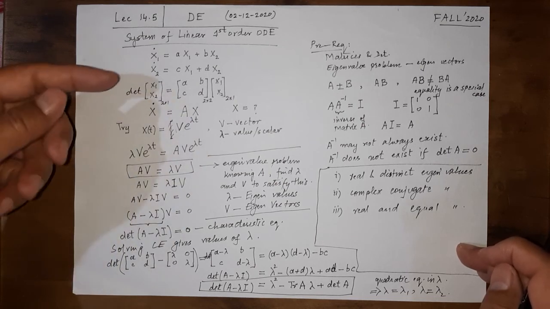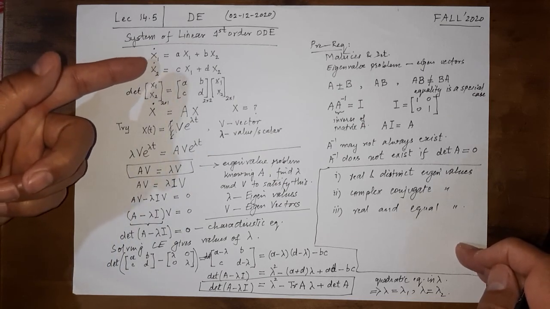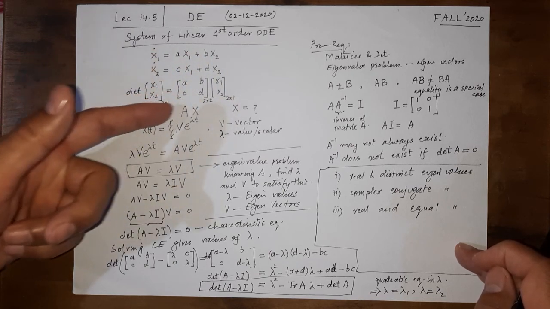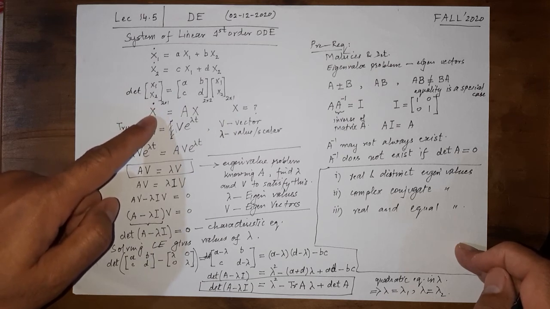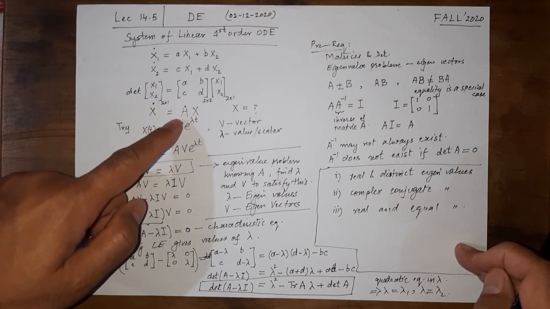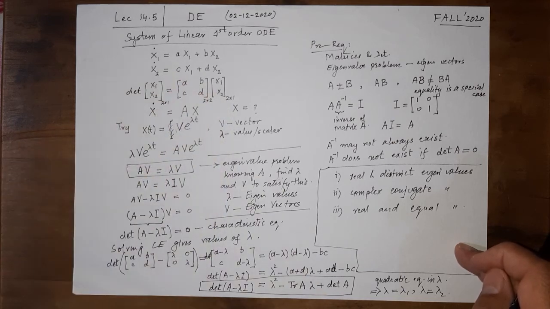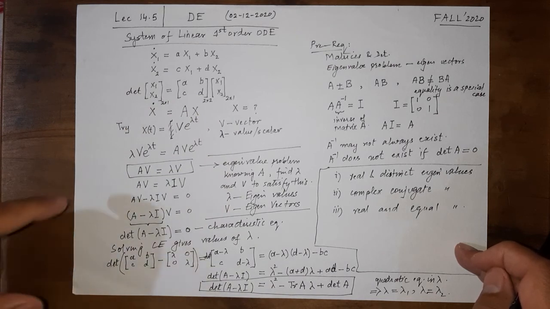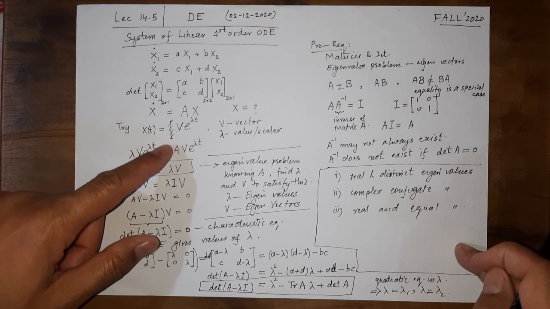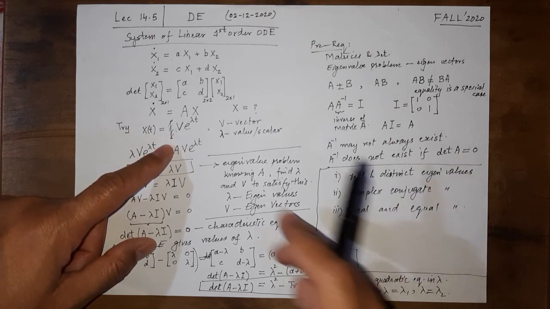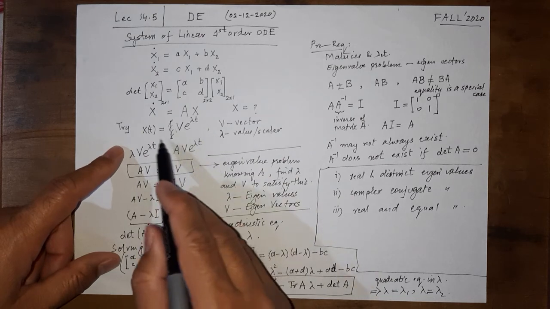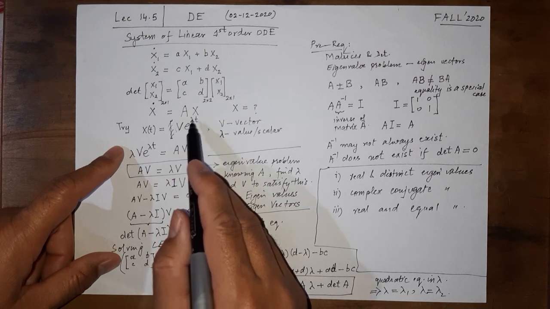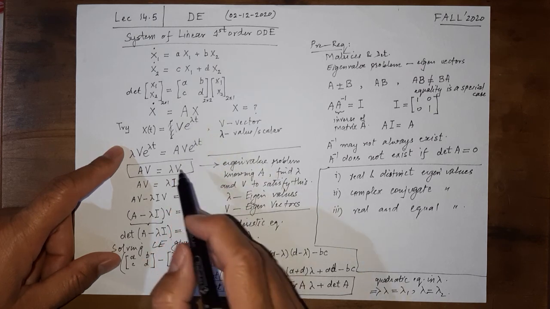So you see, a system of linear first order differential equations can be written in the matrix form by this equation: x dot is equal to Ax, where this matrix A contains the coefficients of the two variables x1 and x2. So from here we try a solution in such a way that this vector v is to be found and this lambda is to be found as well.